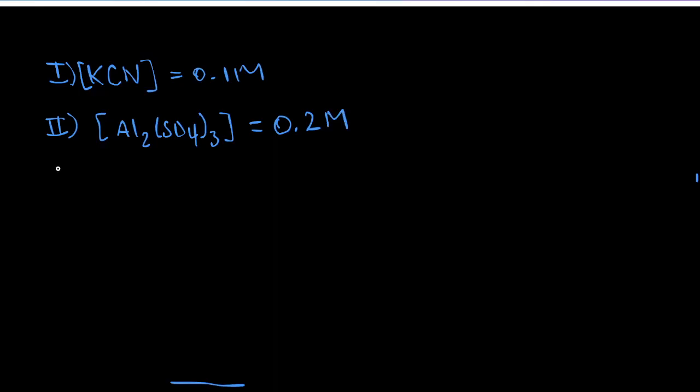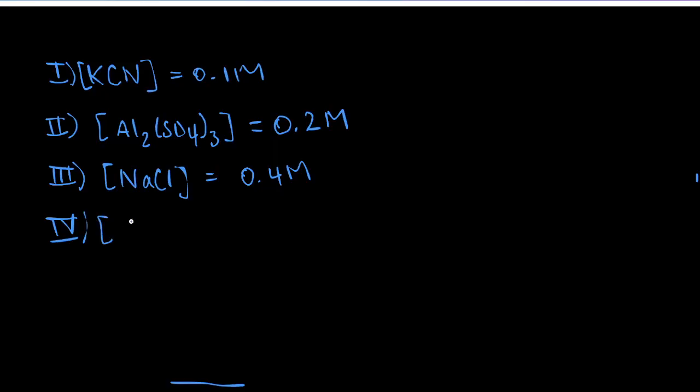Let's say now we have a third solution. Let's just say this is NaCl, right? NaCl that is going to be 0.4 molar. And finally, we have a glucose solution, a solution of glucose that is C6H12O6.